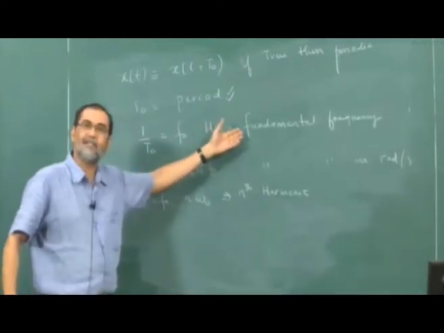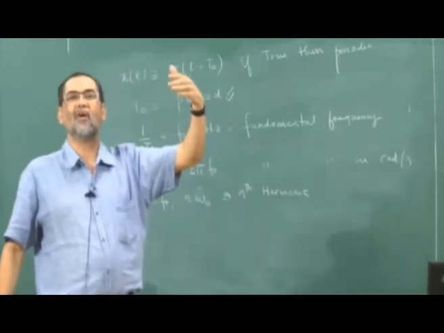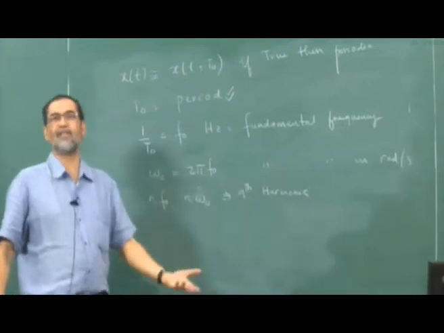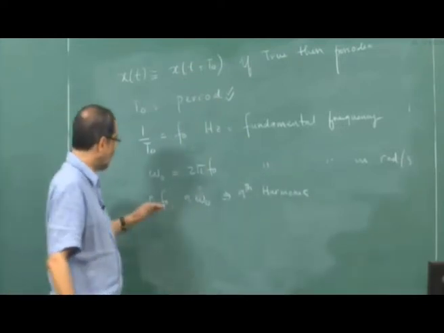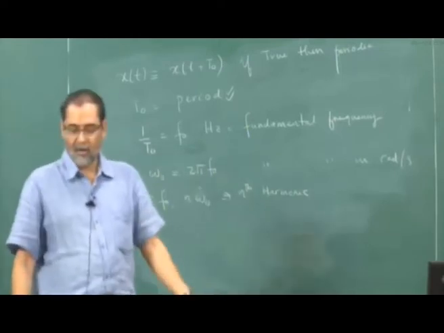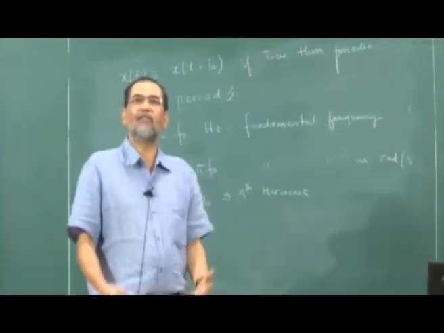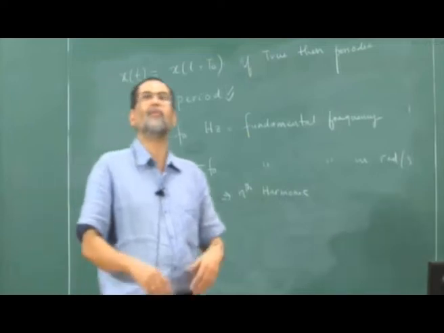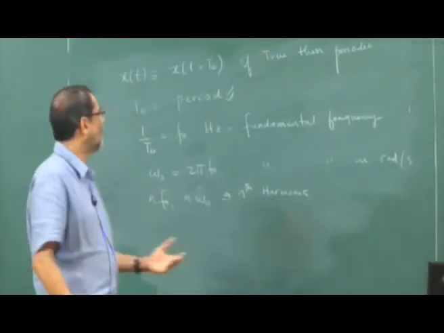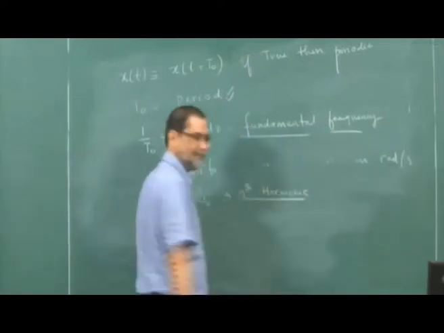The first sa is the fundamental frequency, and the second sa is the harmonic of the first frequency. So n F naught or n omega naught are called the nth harmonic. F naught is the fundamental frequency, so there is no first harmonic. You have a second harmonic, a third harmonic, and so on.